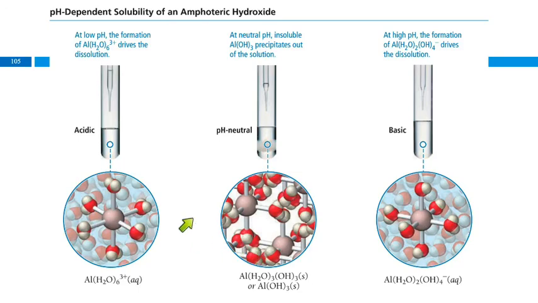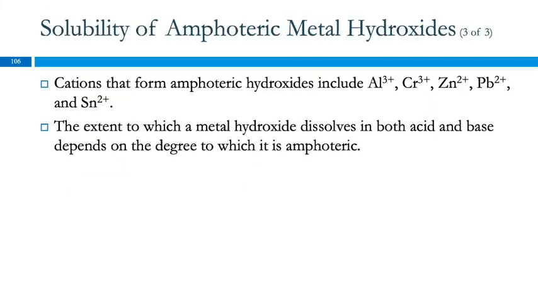At neutral pH, we end up with aluminum hydroxide, which is not soluble. At high pH, we form complex ions again, and it dissolves. So aluminum is really the only one that you need to remember, but chromium 3, zinc, lead 2, and tin 2 can also do that.